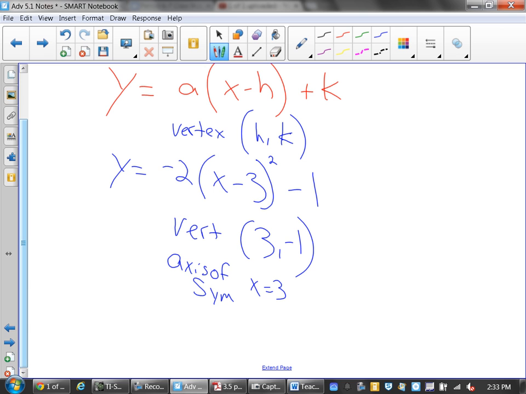Means the same thing. So if you have a(x minus h) quantity squared plus k, your vertex is at (h, k). Your axis of symmetry is at x equals h. So you're two-thirds of the way done with the problem right off the bat. Let me show you what it looks like when I graph this.